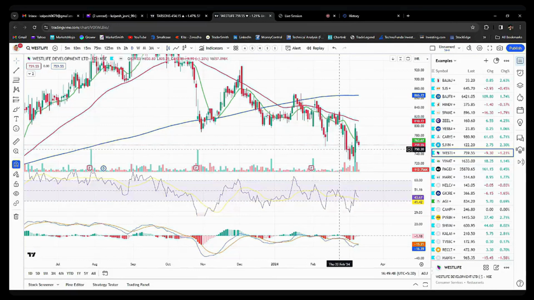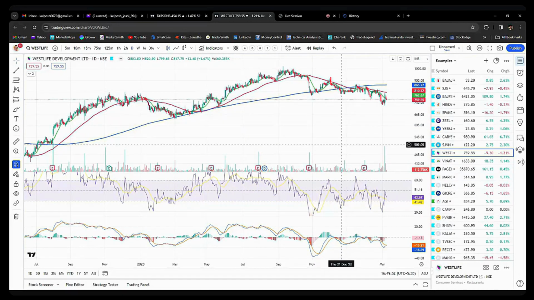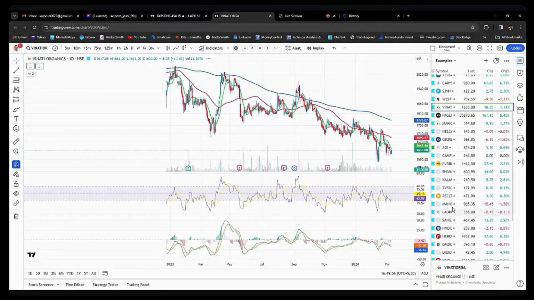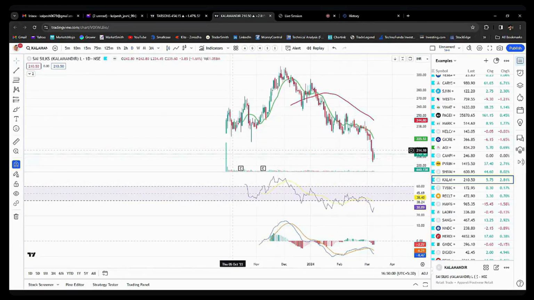I want to show you one bottomed-out stock. See, Sai Silk Kalamandir is a newly listed stock. In an IPO, you can track this: if the IPO goes below its listing price, look for a reversal.